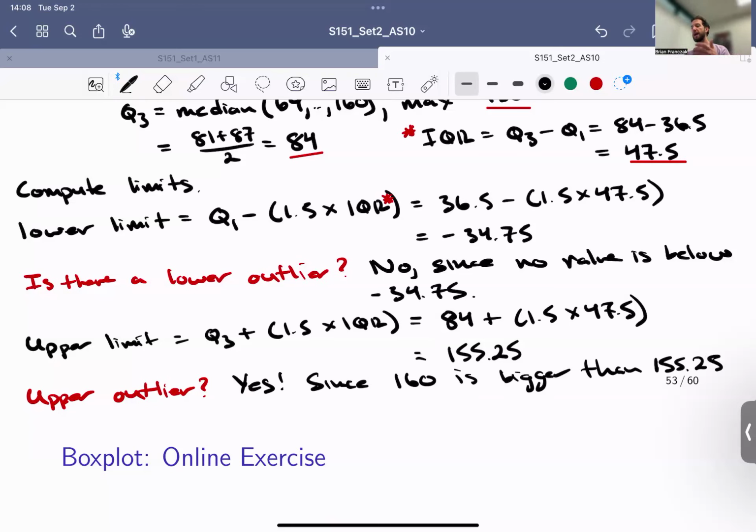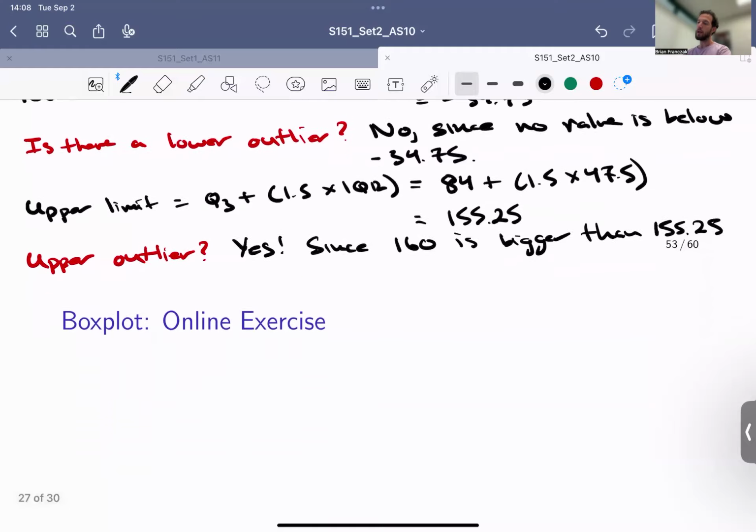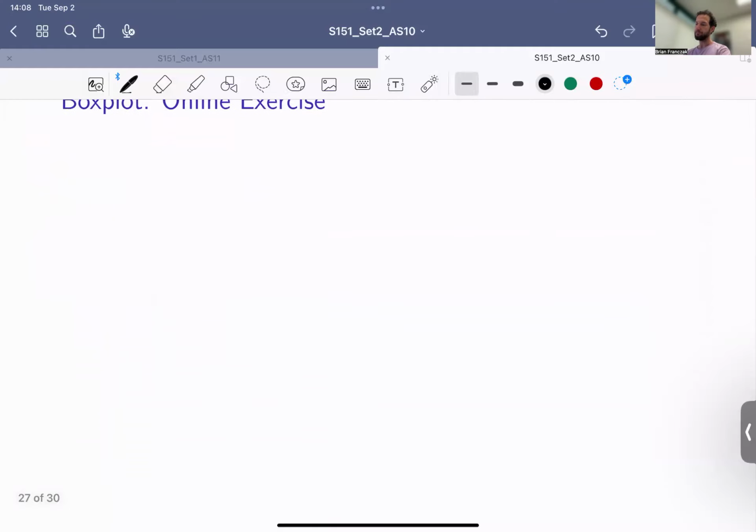Okay, so we have an upper tail outlier, 160, but we have no lower tail outlier, right? Because nothing in our data set is below negative 34.75 in value. So now we can build the box plot.